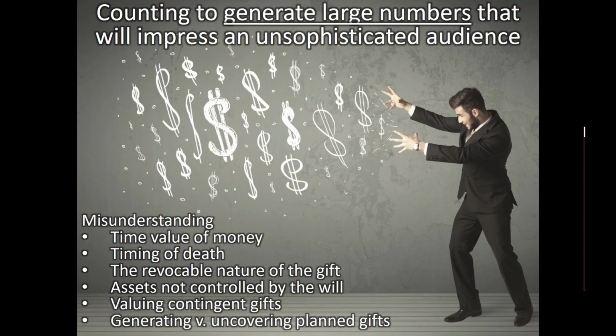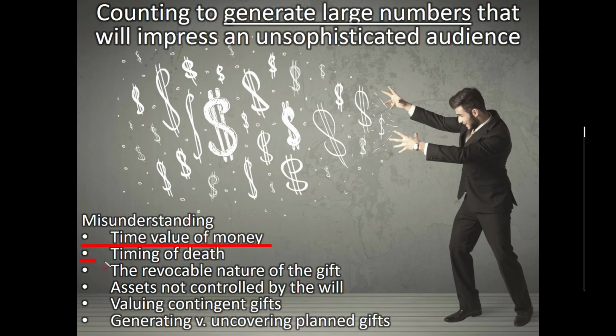What do I mean when I talk about an unsophisticated audience? Well, there is a misunderstanding of a variety of factors, such as a misunderstanding of the time value of money. The idea that even if this was an irrevocable gift for $1 million, if we have to wait 40 years to get the $1 million, it's not worth $1 million. It's only worth a tiny, tiny fraction of that.